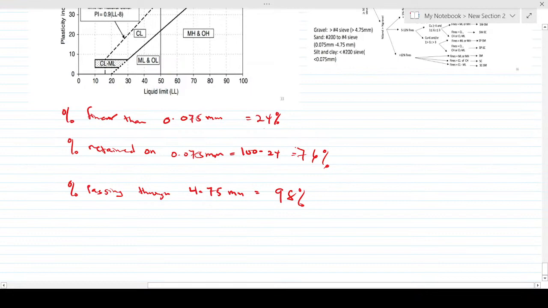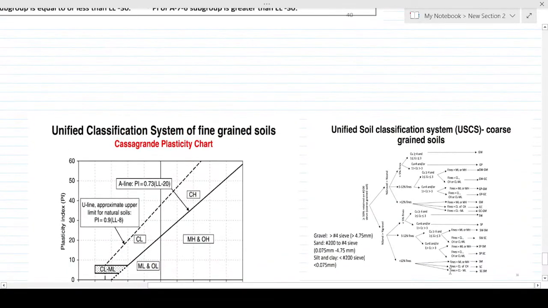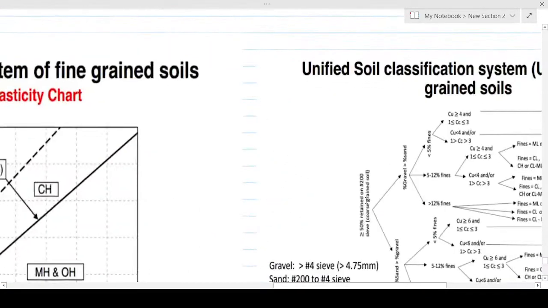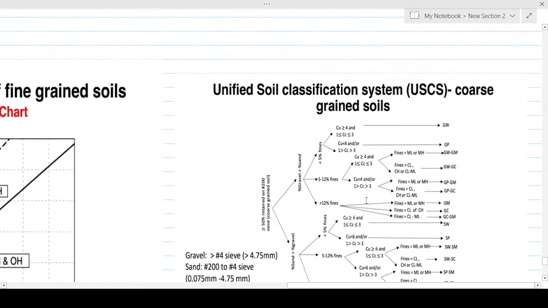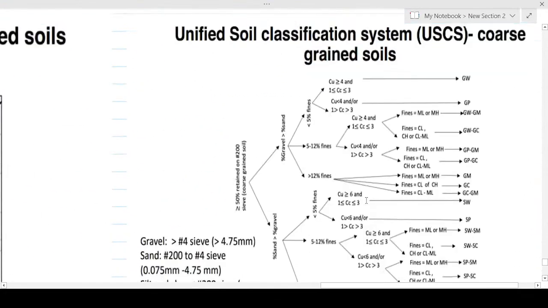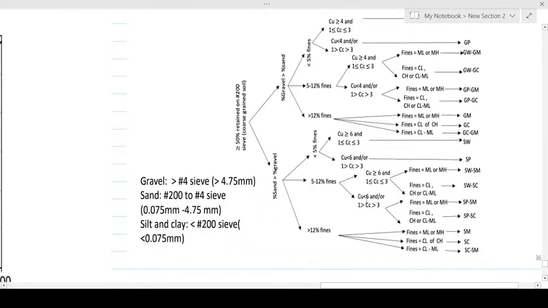Now, let's check what we need. This is the unified classification system. Before you use this table, you should know whether the soil you are dealing with is coarse grained or fine grained.